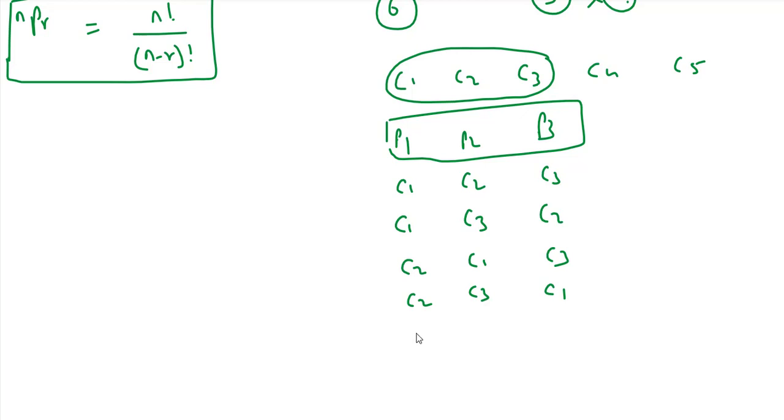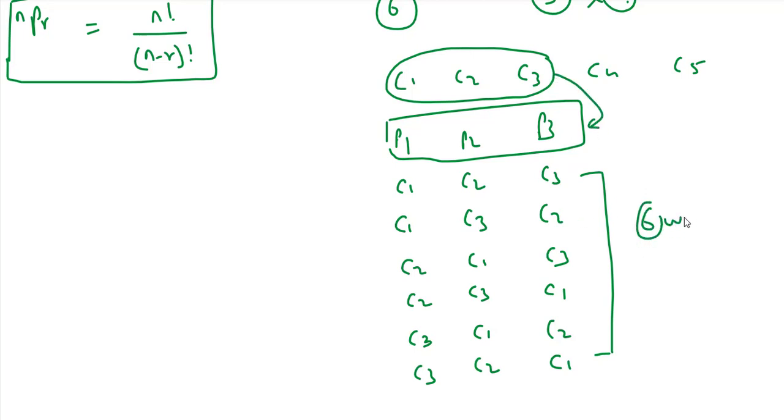Or you can give the third chocolate to the first person, first chocolate to the second, and second to the third. Likewise, you can get C3, C2, and C1. Now as you can see, since there are 3 people among whom you have to distribute these 3 chocolates, you can do this distribution in 6 ways. This 6 ways is nothing but 3 factorial.